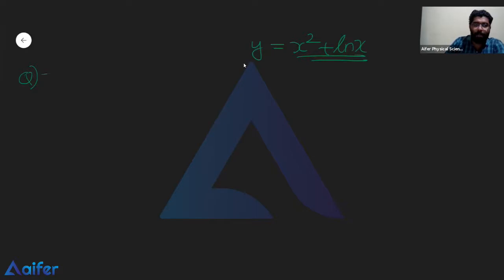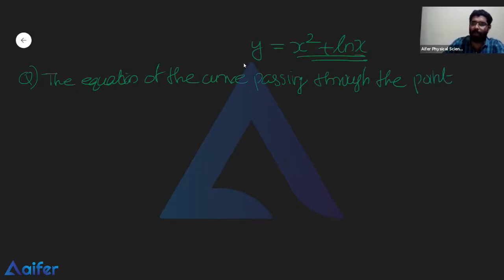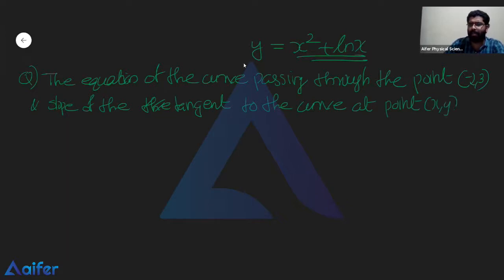The equation of the curve passing through the point (-2, 3), and the slope of the tangent to the curve at an arbitrary point (x, y) is 2x/y².